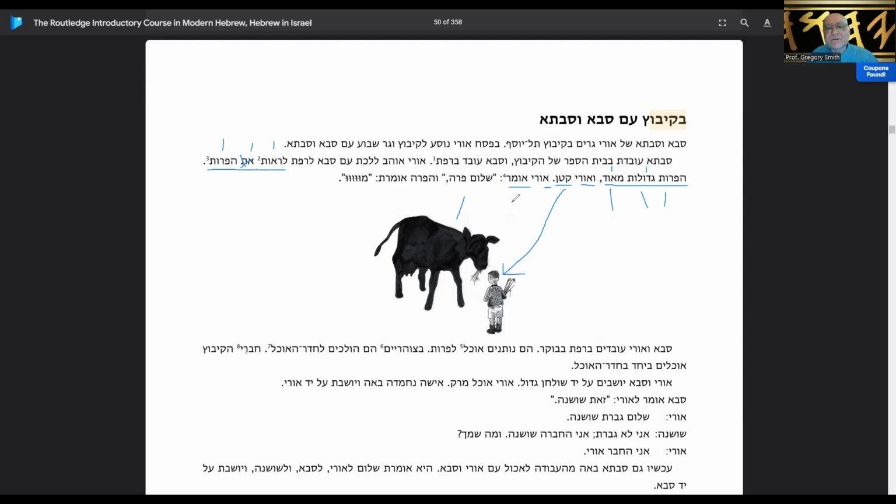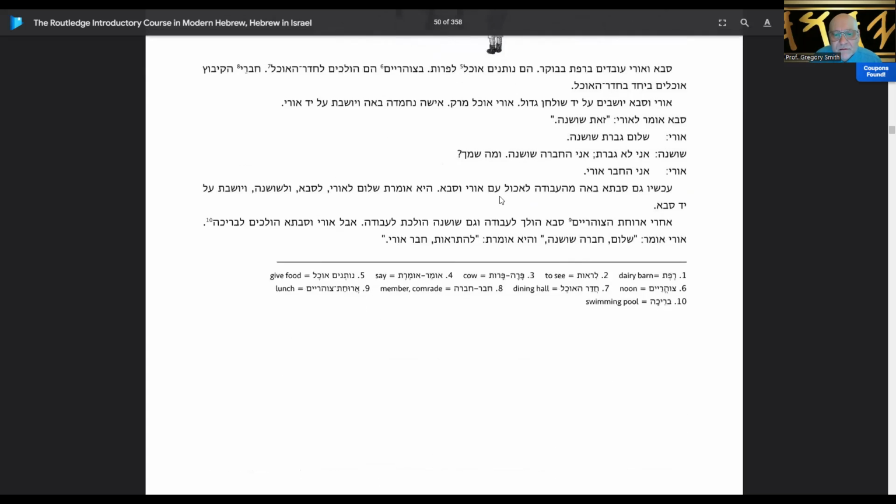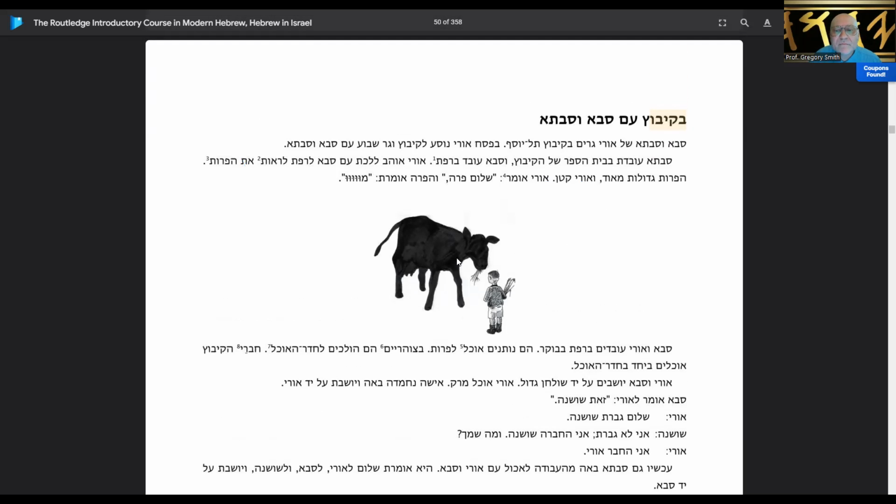Okay, Ori omer. I think that means to feed, because it comes from amar. Pretty sure. Let's double check that. Number 4. No, amar means to say. Omer or omeret. Okay, so Ori omer, shalom para, hello cow.